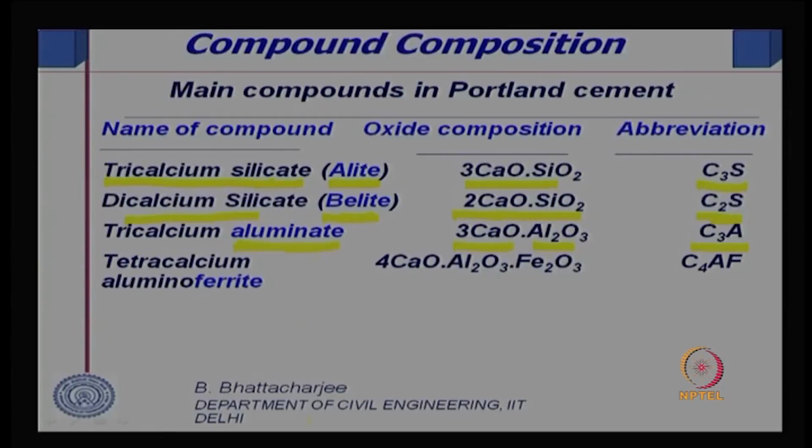The blue colored text signifies the mineral name, but its compound name is also tricalcium aluminate. Tetracalcium aluminoferrite, C4AF is its abbreviation, and its mineral name is ferrite. So, alite and belite are the two compounds which have silica, and aluminate and ferrite are the compounds where alumina and iron are present.